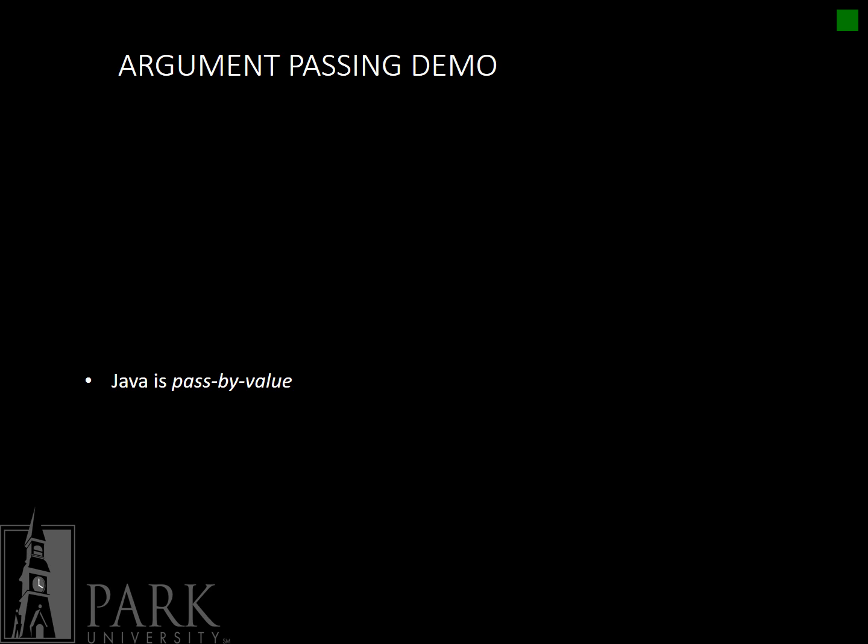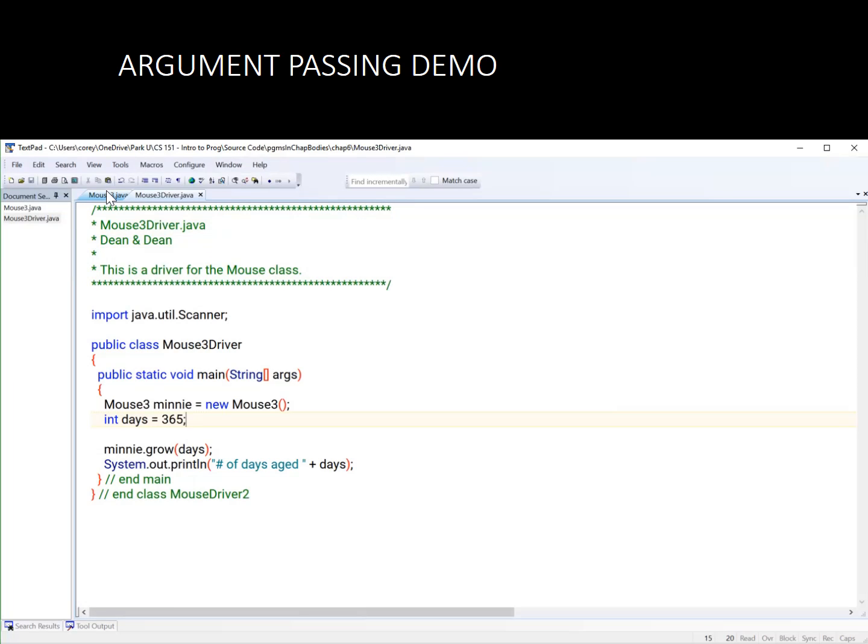So if the parameter's value changes inside of the method, the argument in the calling method is unaffected. We're going to take a look at a demo of this using the mouse3 driver. I want you to pay attention that even though the day's value within the grow method changes, the main method's day value is unaffected. So let's go ahead and take a look at the mouse3 driver program.